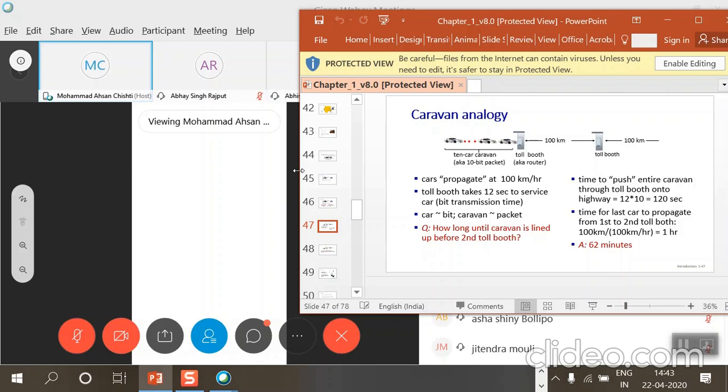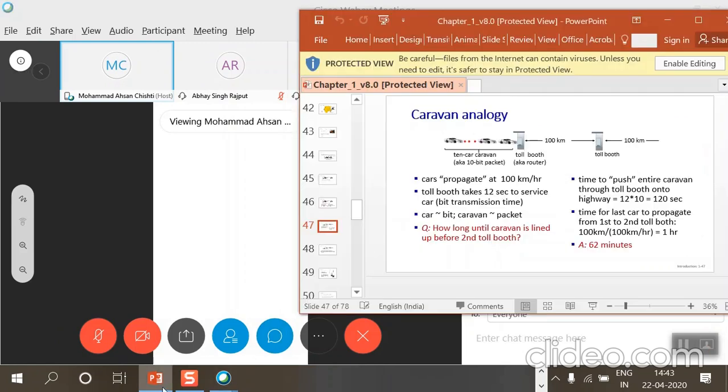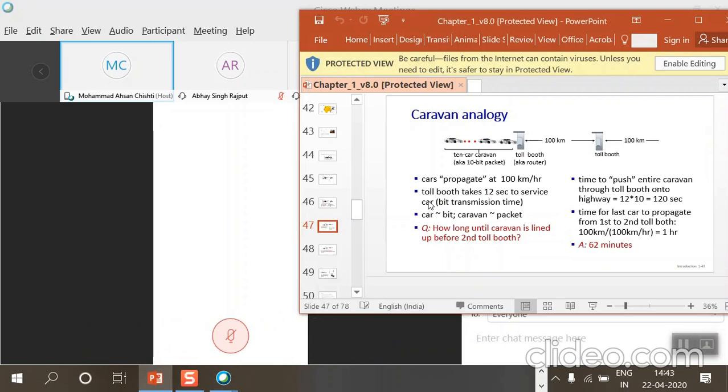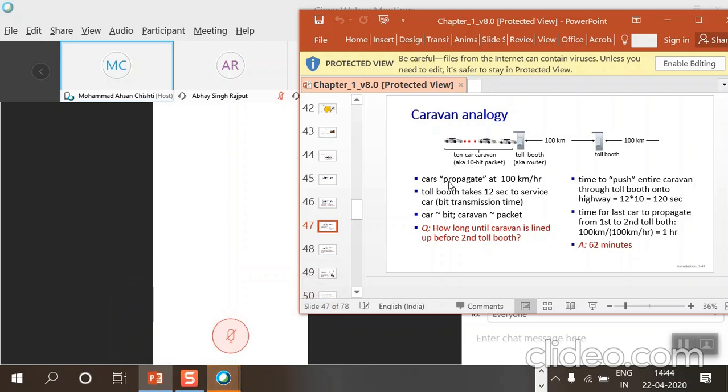And how much time the car would take from the exit of the first toll booth until it reaches the next toll booth would be analogous to propagation delay. Because propagation delay would depend upon how far one toll booth is from another toll booth. That would be the propagation delay.